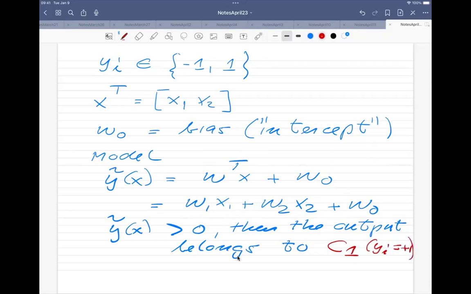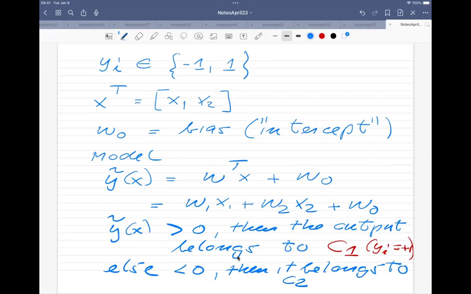So y of i is one of the possible outcomes. And else, if it's less than 0, then it belongs to C2, which then means that y of i is equal to -1.